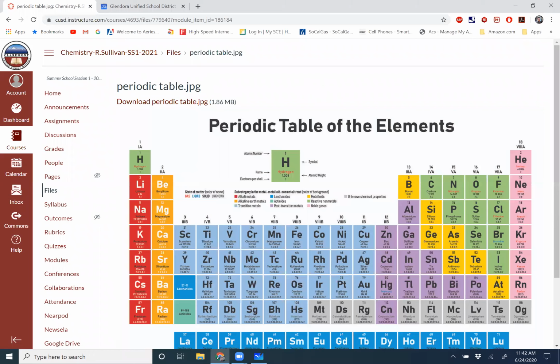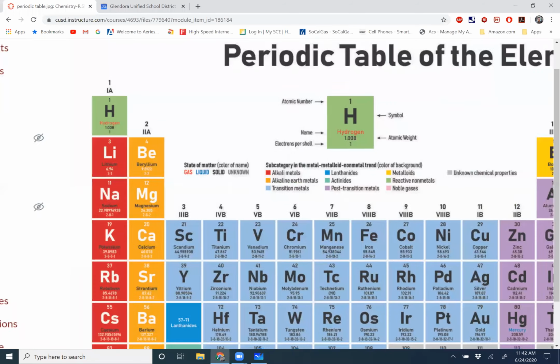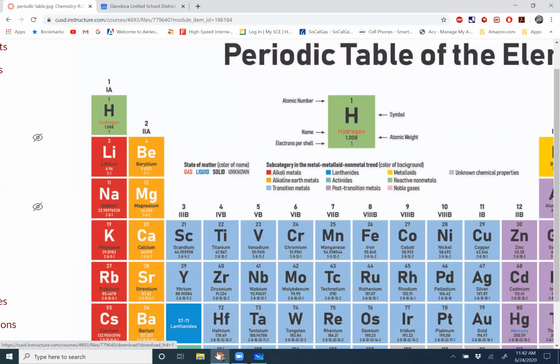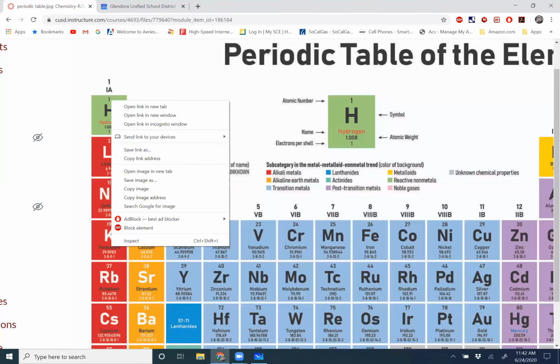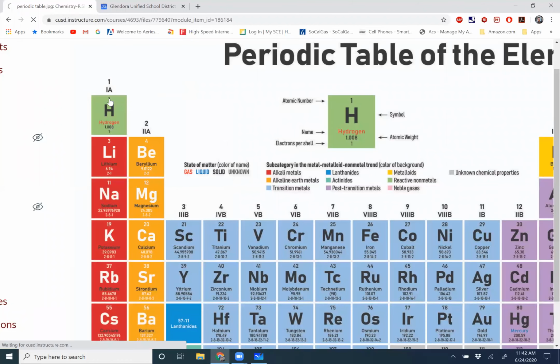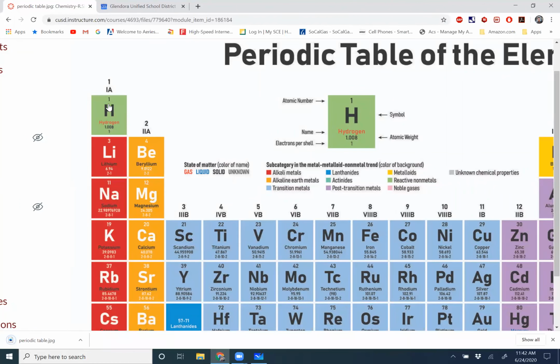And the little whole number there, in this case, it's on the top here, right there. You can see, well, here, I'll use the cursor since my thing doesn't want to work. You can see that guy right there. That is the atomic number. That is a 1. And you'll notice that the mass down here is not a whole number.